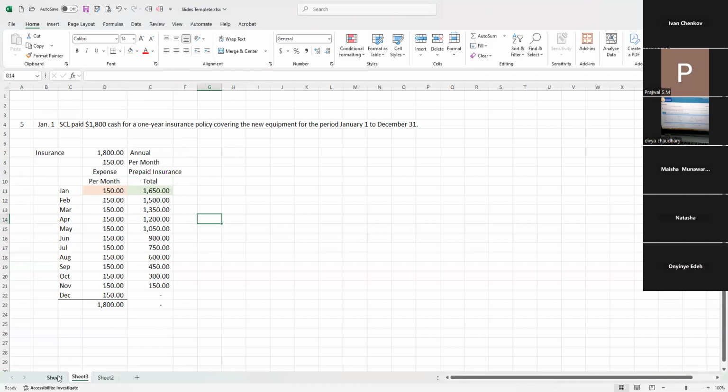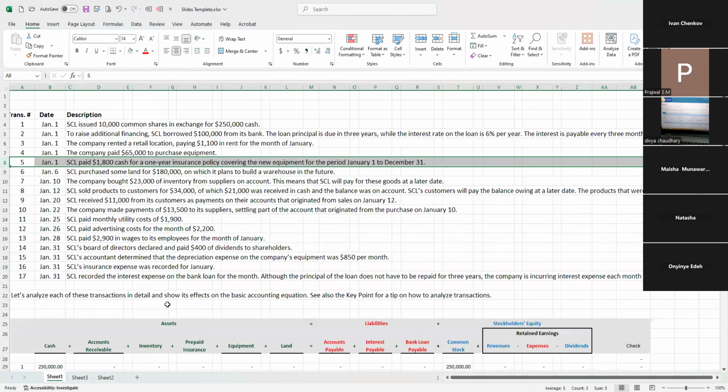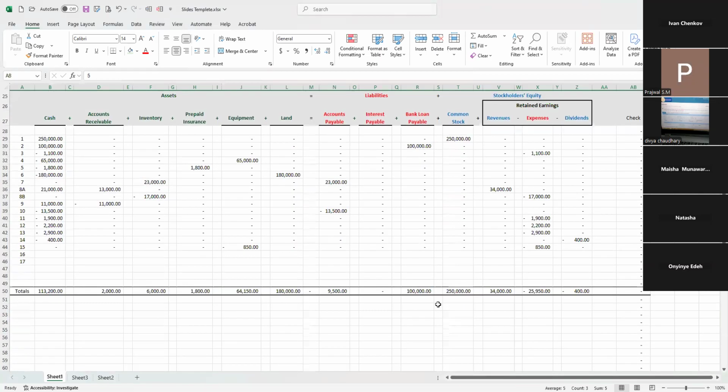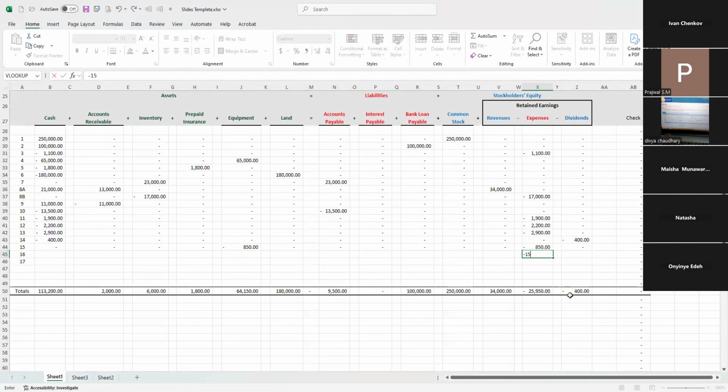So let's do that transaction then. Let's go down and show expense 150. And what do we have to reduce now? Prepaid insurance by 150. And we're done.